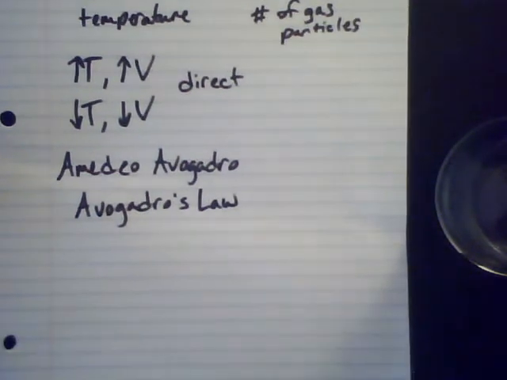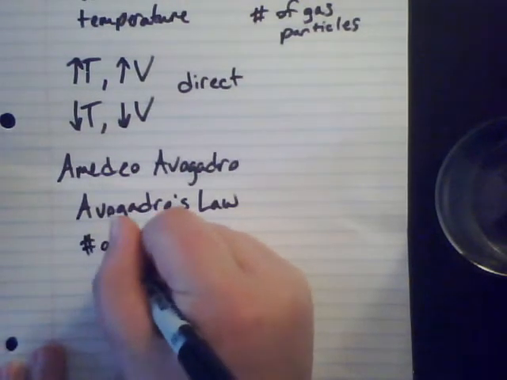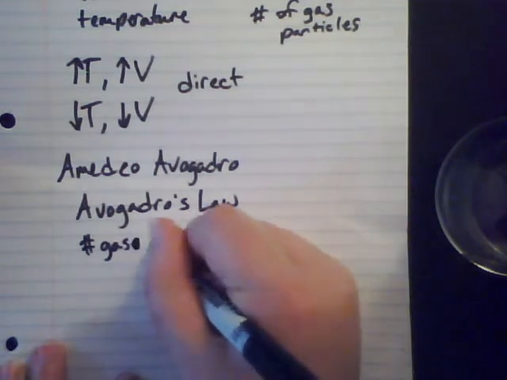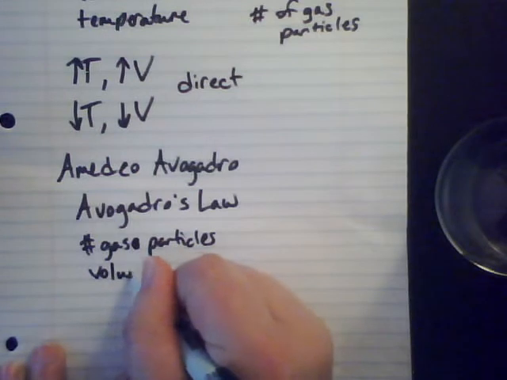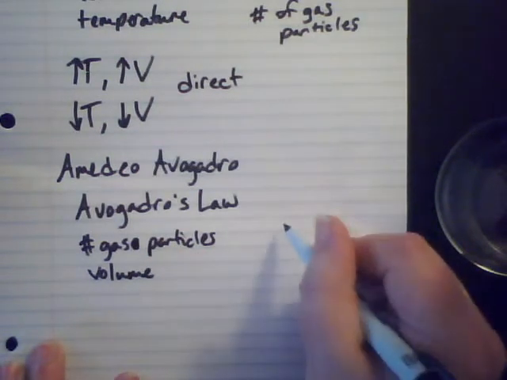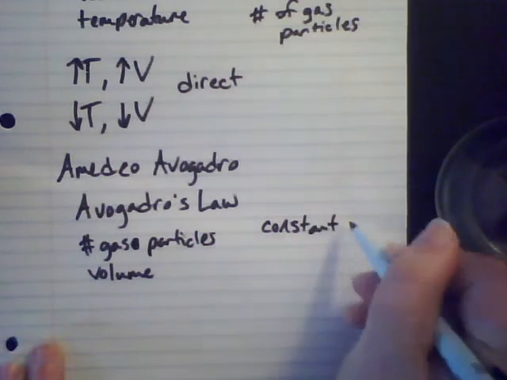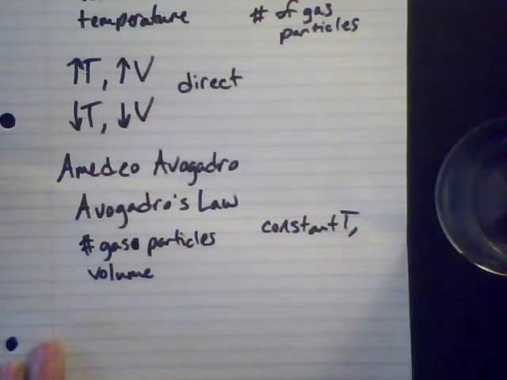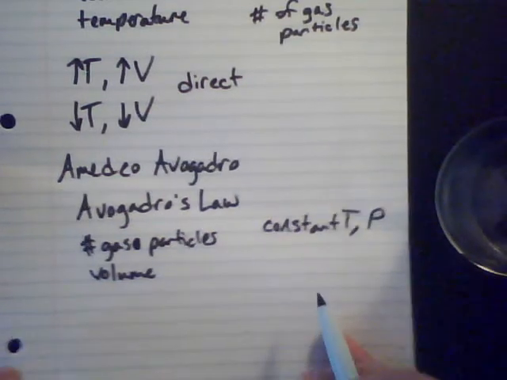And so we've seen a law now that looks at volume and pressure. We've seen one that looks at volume and temperature, but we haven't really talked about changing up the number of gas particles, and that's what Avogadro did. He was looking at the number of gas particles and the volume of the gas. So he said, okay, at a given temperature, so we're going to keep the temperature constant, and a given pressure, so I'm going to keep a constant pressure as well.